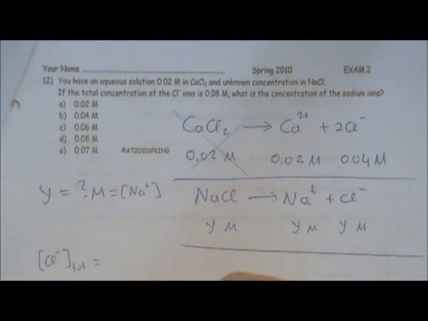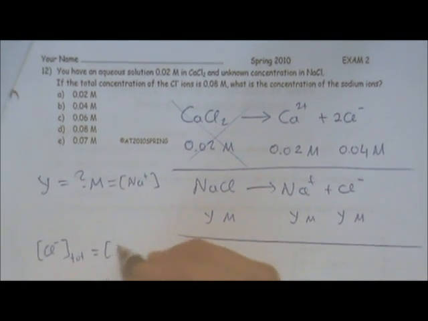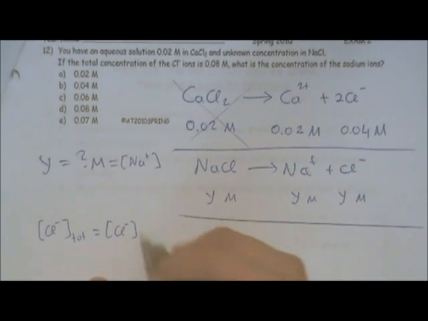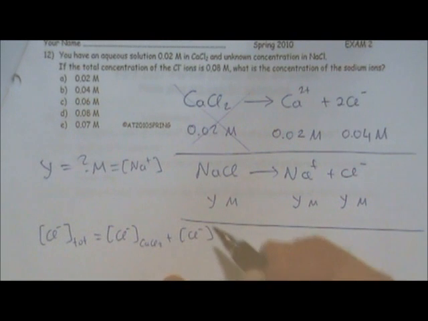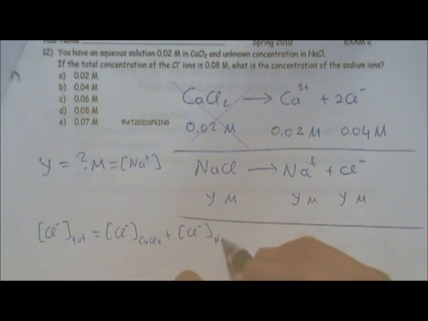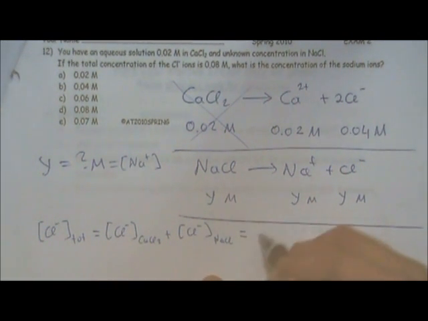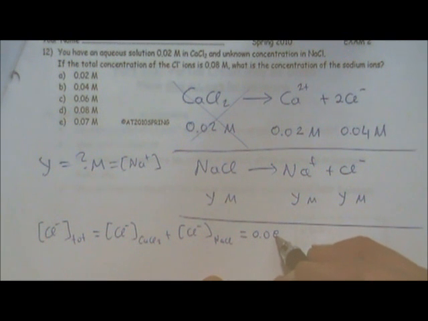We know it is equal to what? It is equal to the concentration that comes from calcium chloride, and the concentration of chloride ions coming from sodium chloride, right? And that is given to us to be 0.08 moles per liter.